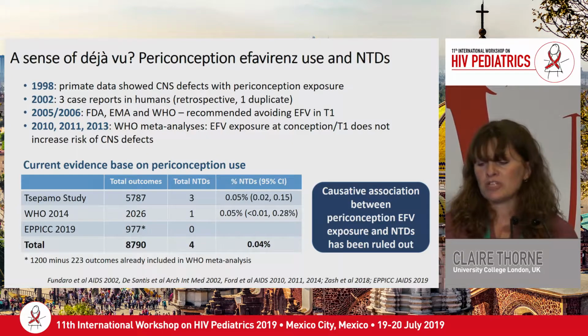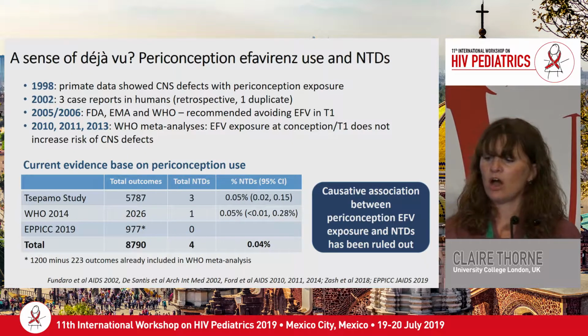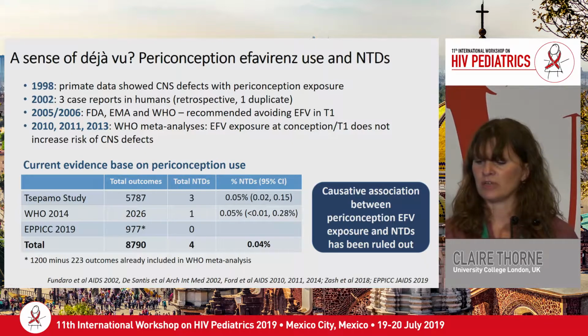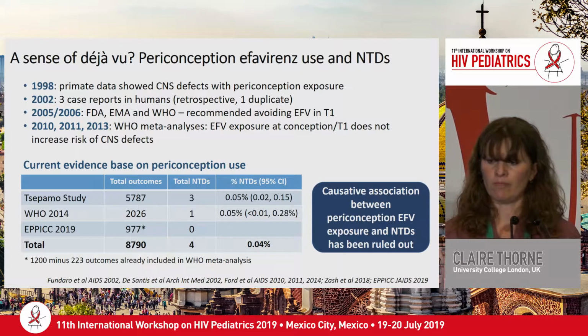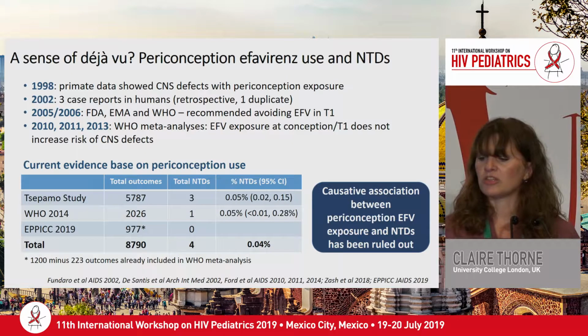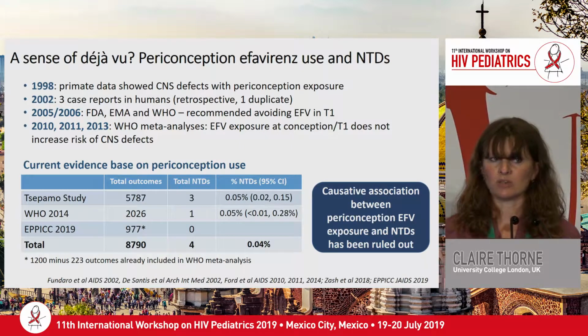And in terms of the current evidence base on periconception use of Adherence, EPIC, a European cohort collaboration, published earlier this year and provided some data on periconception use of Adherence on around 1,000 outcomes. And so I've totted up all of the total outcomes with periconception use from SEPAMO, from the last WHO meta-analysis, and EPIC. So you can see 4 neural tube defects in nearly 9,000 exposures.